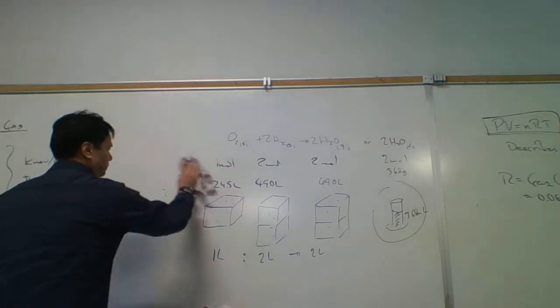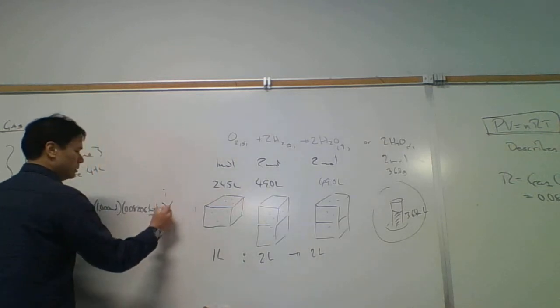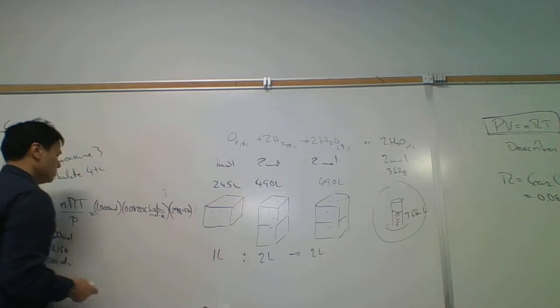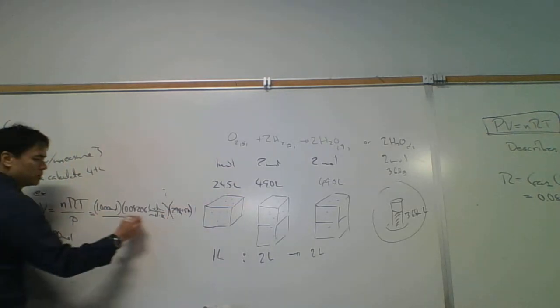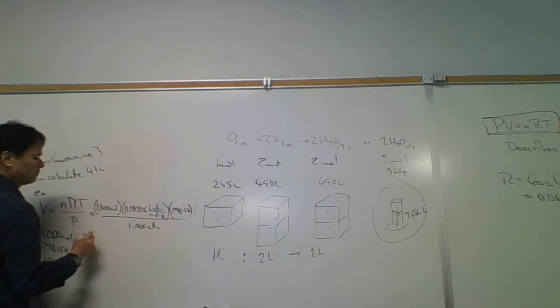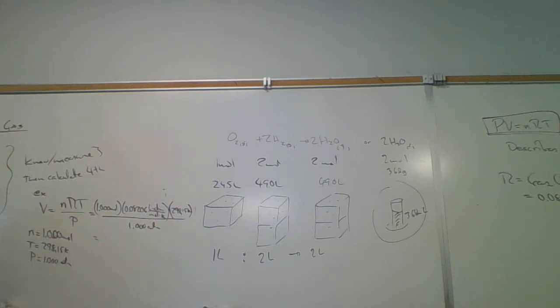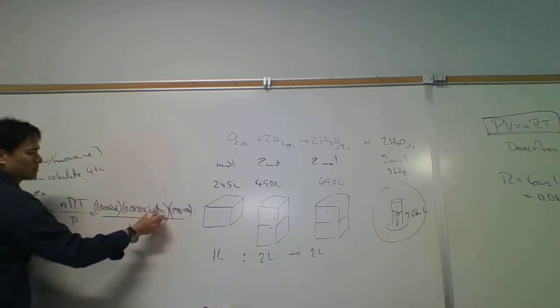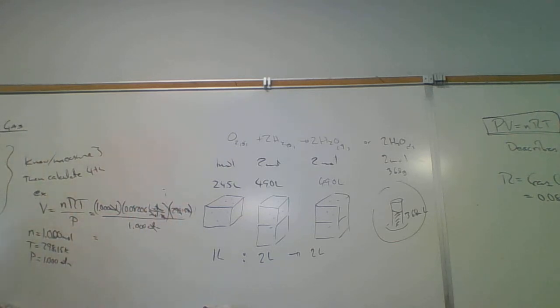And then the temperature, 298.15 Kelvin, which is what we call room temperature, divided by the pressure of 1.000 atmospheres. If we look at the units, the moles cancel, the Kelvin cancels, the atmospheres cancel, that just leaves us with liters. And so what is the volume of 1 mole of gas at room temperature and room pressure?